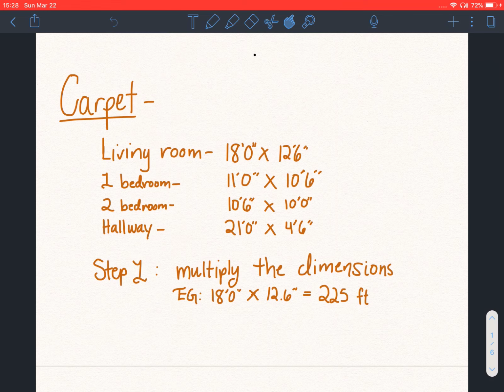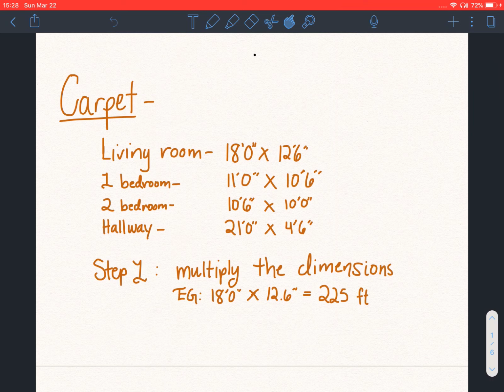Bedroom 1 is 11 feet by 10 feet 6 inches. Bedroom 2 is 10 feet 6 inches by 10 feet. And then the hallway is 21 feet long and four and a half feet wide.